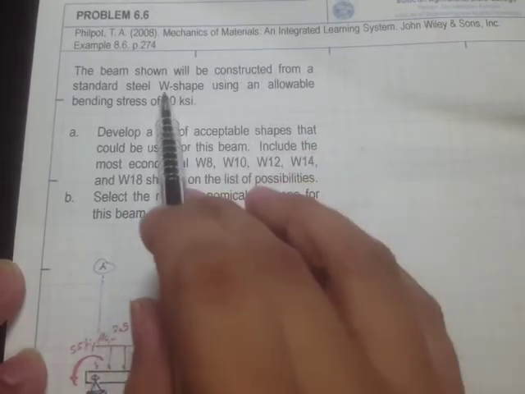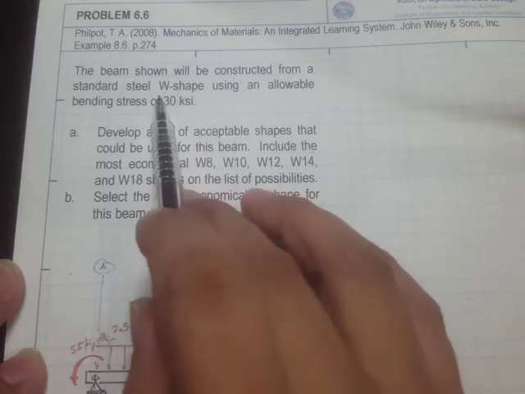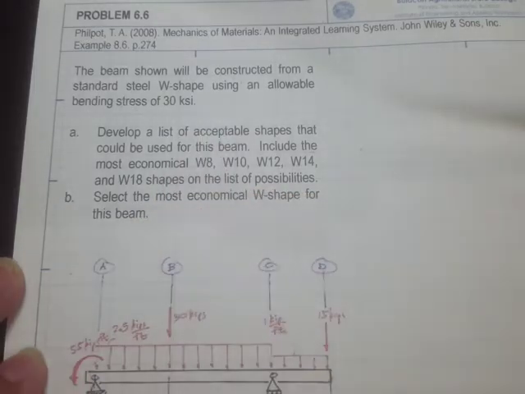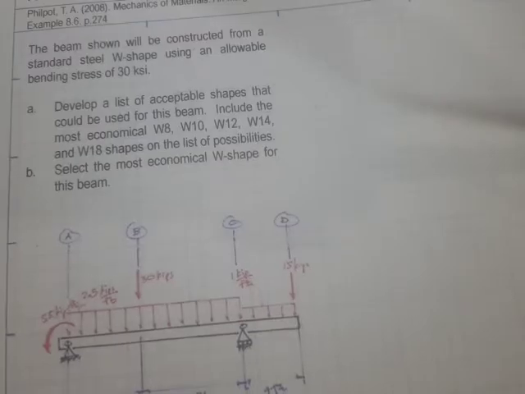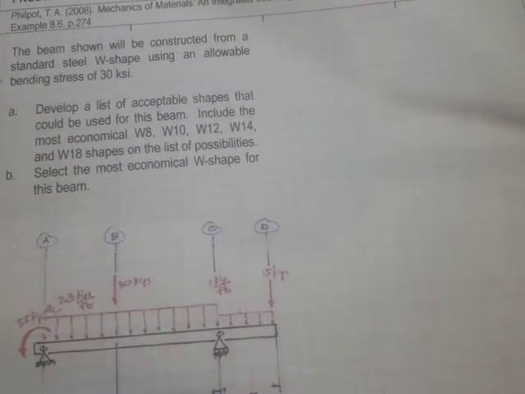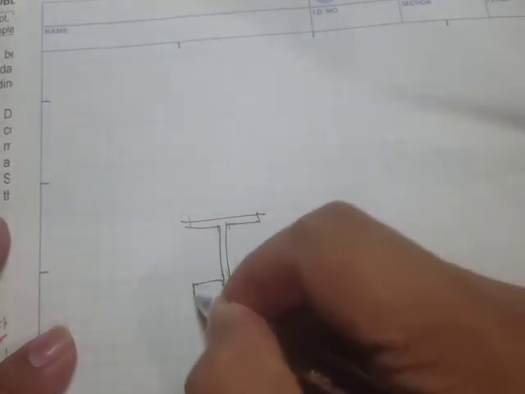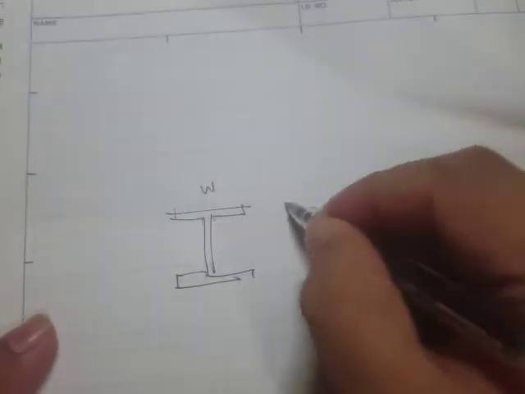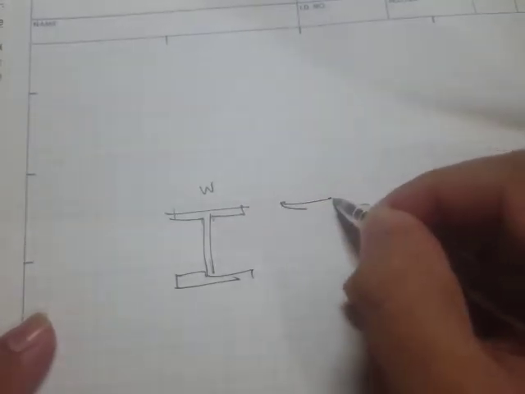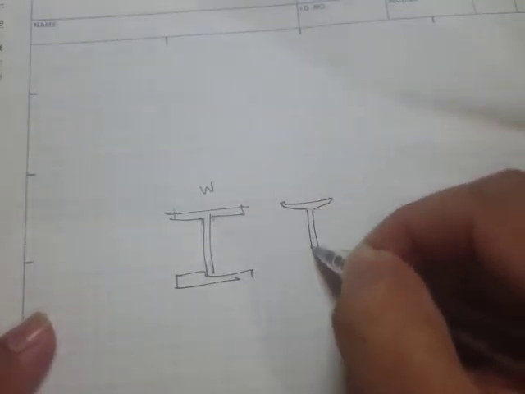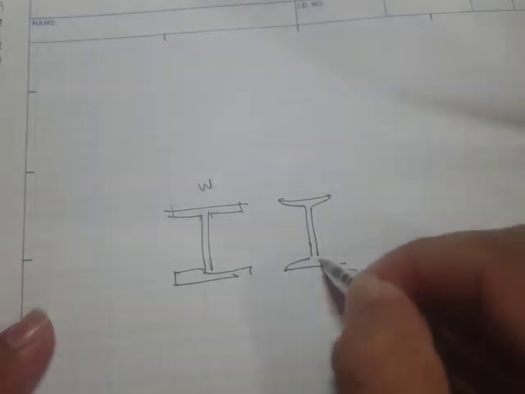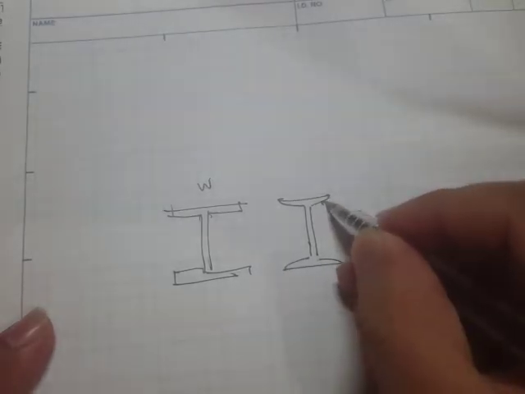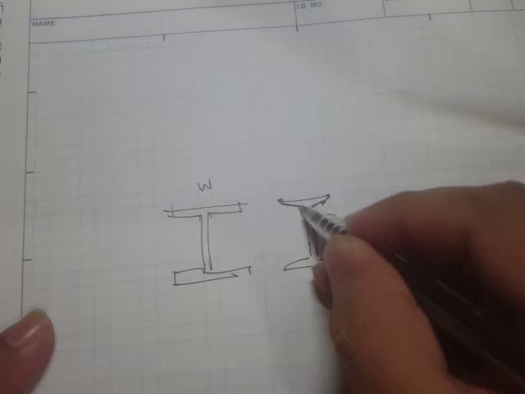But the precise one is referred to as a W shape, because there's another shape that's also an I. If we draw here, let's say we have this W shape, and there's another one, the S shape, and it also looks like an I, but the difference is that we have a tapered portion right here at the flange.